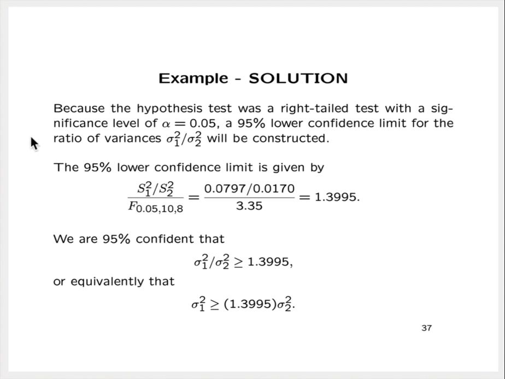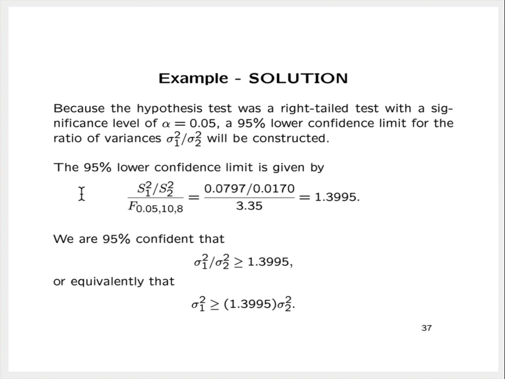Now, because the hypothesis test that we used to answer this question was a right-tailed test using a significance level of 0.05, then the appropriate type of confidence interval will consist of a lower confidence limit by itself, and in particular it will be a (1 minus 0.05) times 100%, so a 95% lower confidence limit for the ratio of the population variances sigma 1 squared over sigma 2 squared.